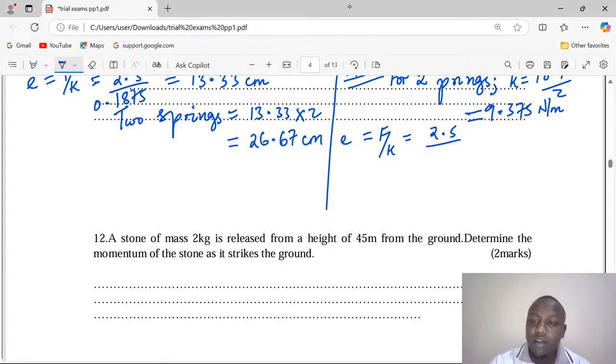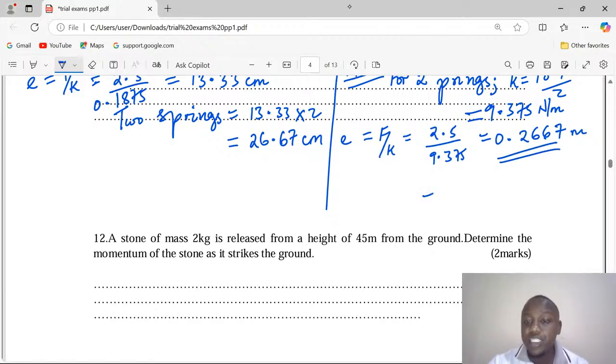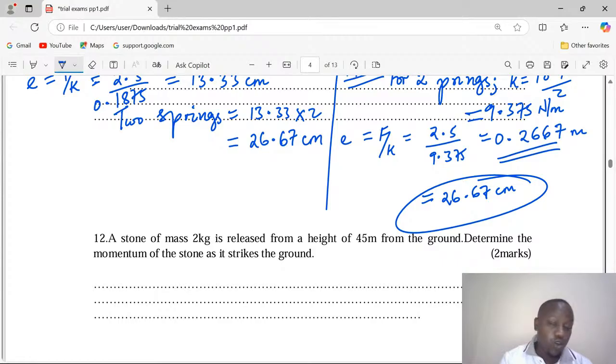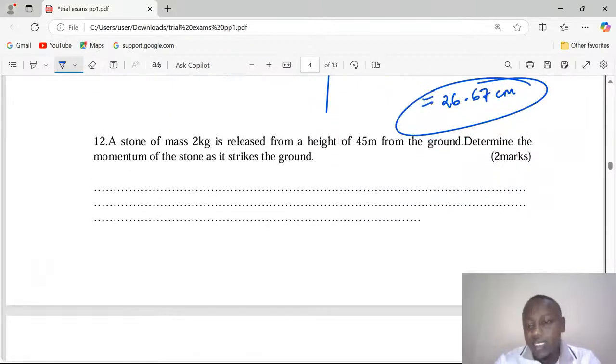So 2.5 divided by 9.375 gives us 0.26666 recurring, and these are meters, which is the equivalent of the centimeters we had gotten, 26.67 centimeters. So that is the total extension when two springs are connected in series.